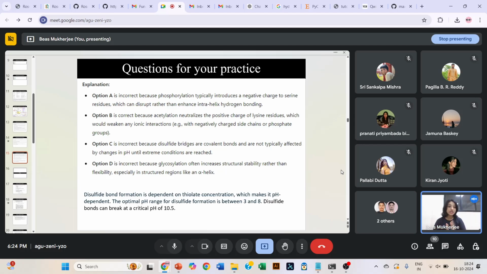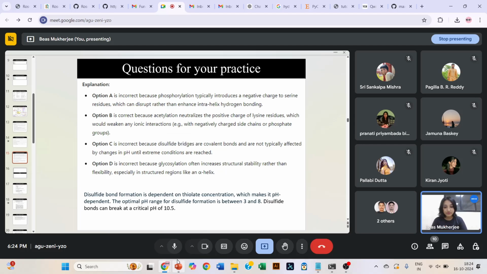So here they are mentioning a critical pH of 10.5. Then you have option D. Option D is incorrect. Why? Because glycosylation increases the structural stability. It is making the entire structure more rigid, right? It is not increasing the flexibility. It is definitely decreasing the flexibility. So that is all about this question.